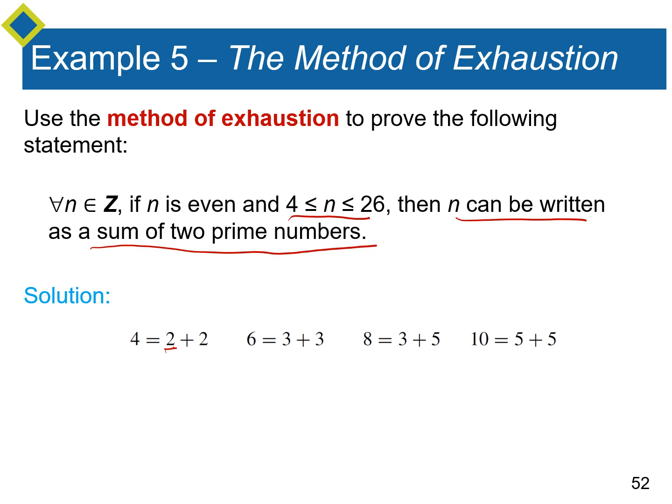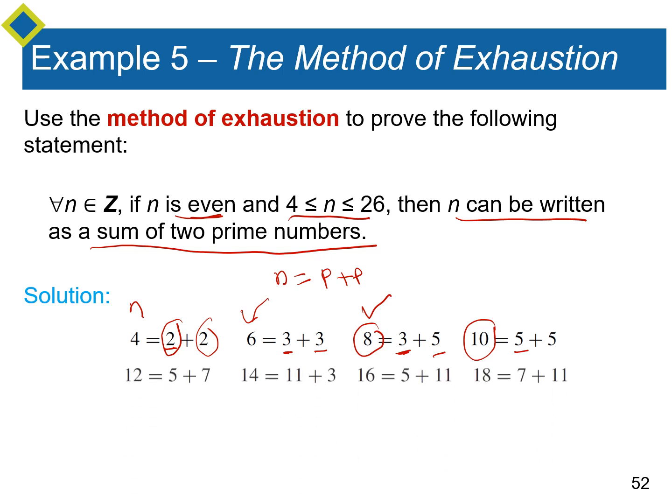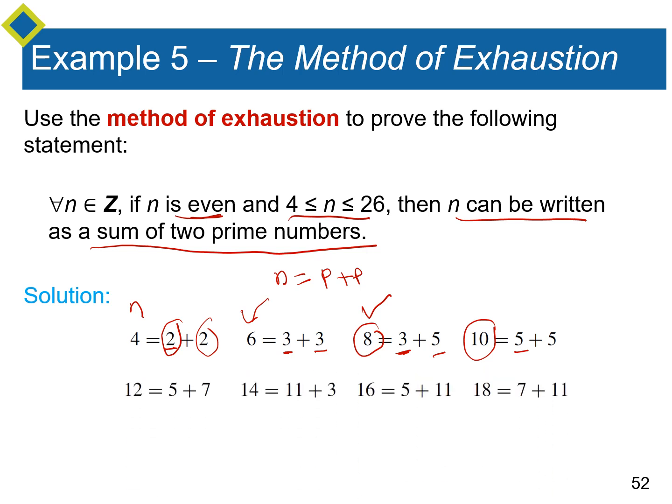Sum of two prime numbers, prime number plus prime number. So this prime number comes to even, this prime number comes to even. So with this method, you just replace the value of n. Okay, this we call exhausting.